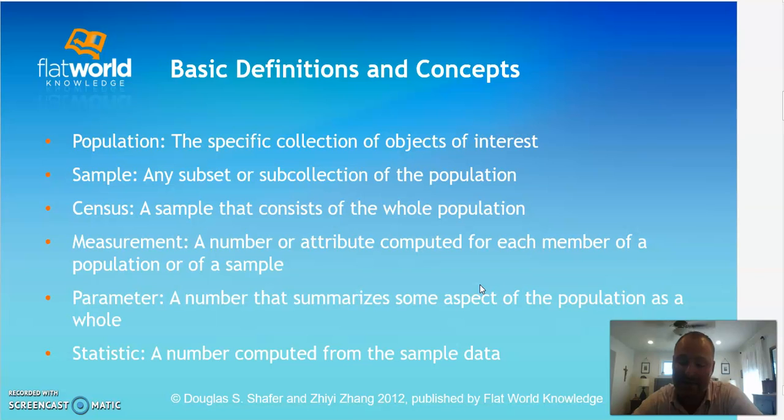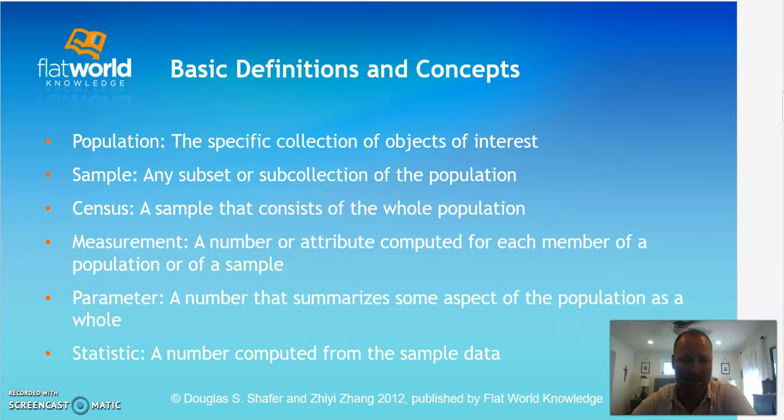So we're only looking at individuals between the ages of 18 to 22, or individuals between the ages of 40 and 90 or something like that. And then a statistic is a number computed from the sample data. So a statistic could be that 80% of those individuals between the ages of 40 and 80, when they come in contact with COVID-19, actually contracted it. Okay, so that is a statistic.